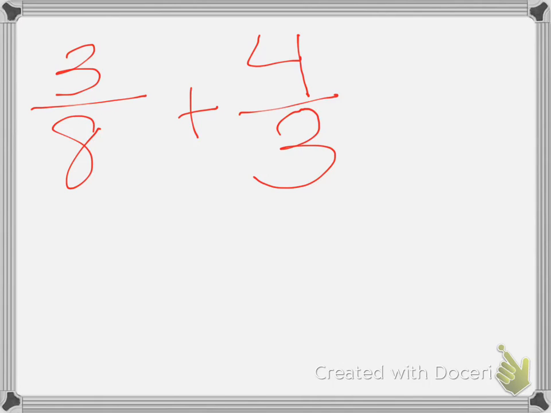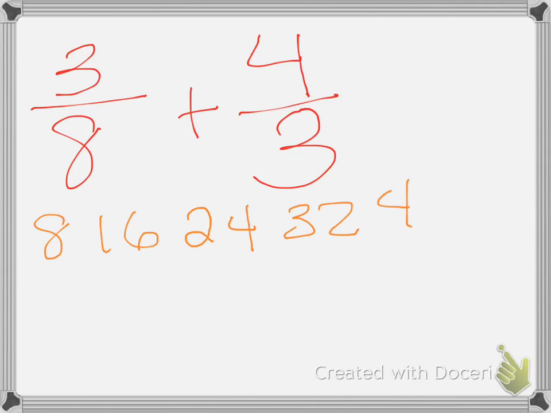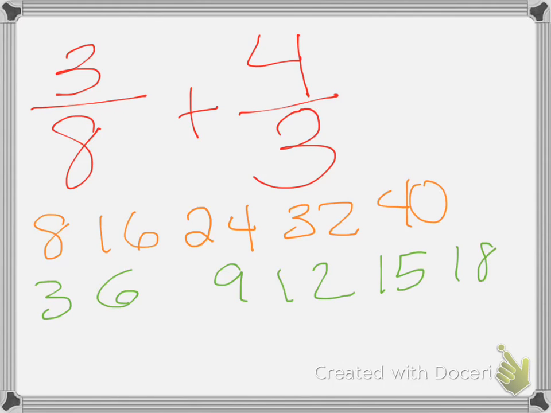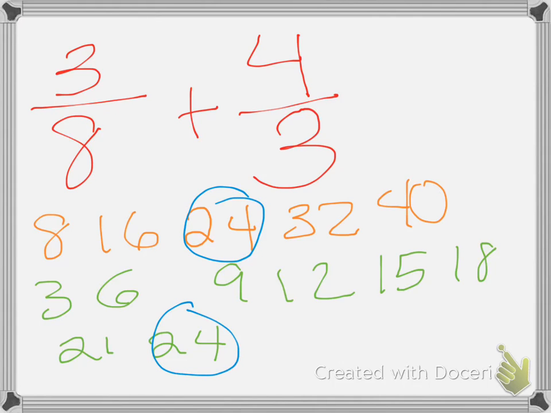Step 1, my multiples of 8: 8, 16, 24, 32, 40. Now my 3's: 3, 6, 9, 12, 15, 18, 21, 24. So I'm going to use 24. That was the first number I got to.